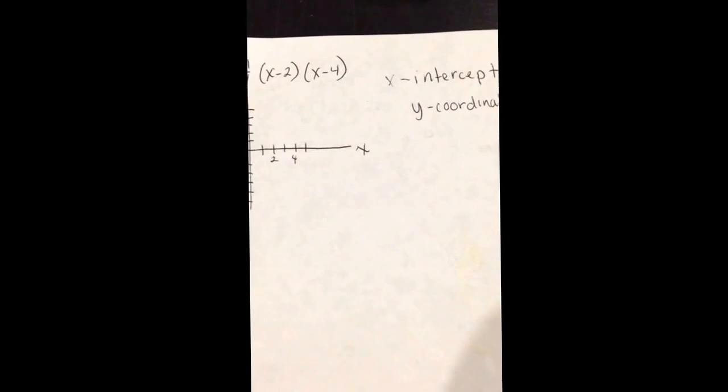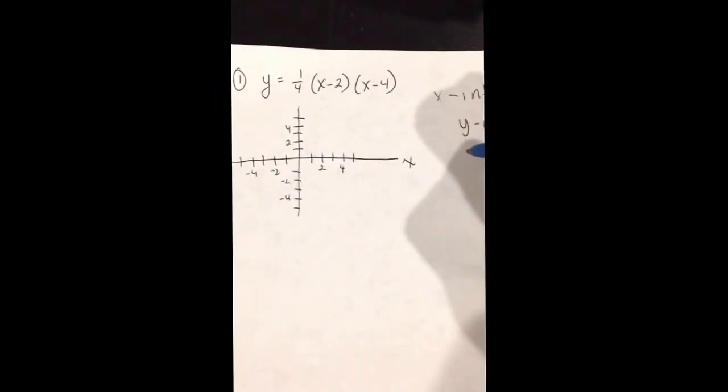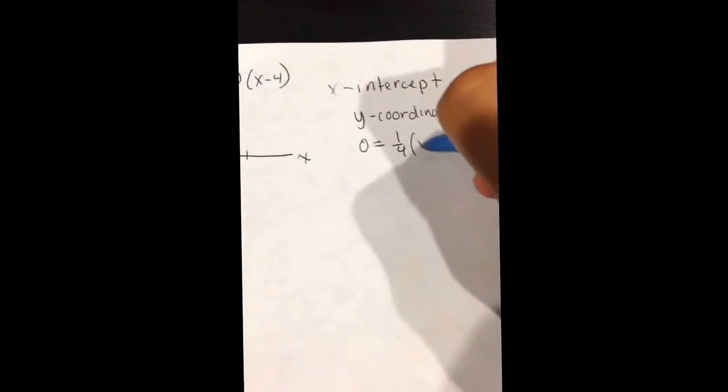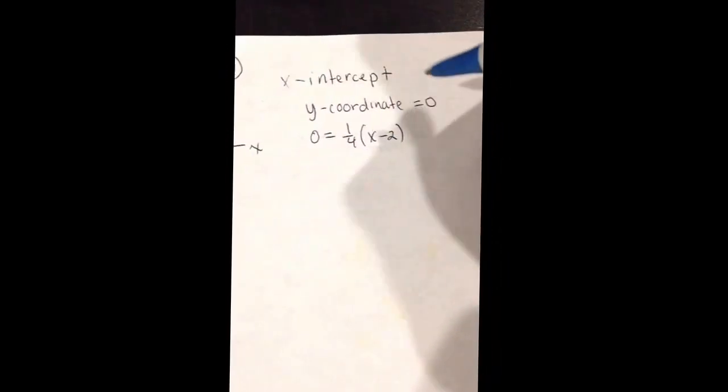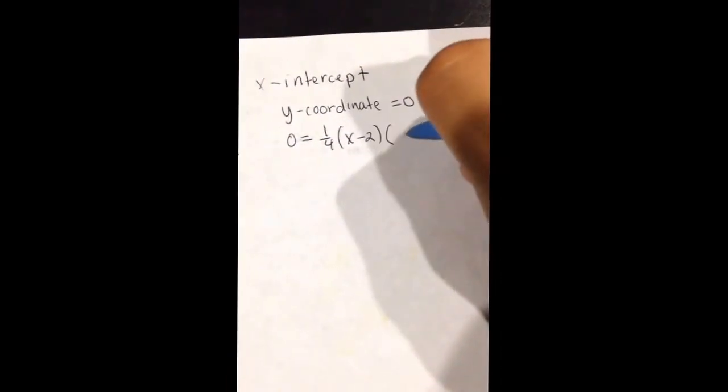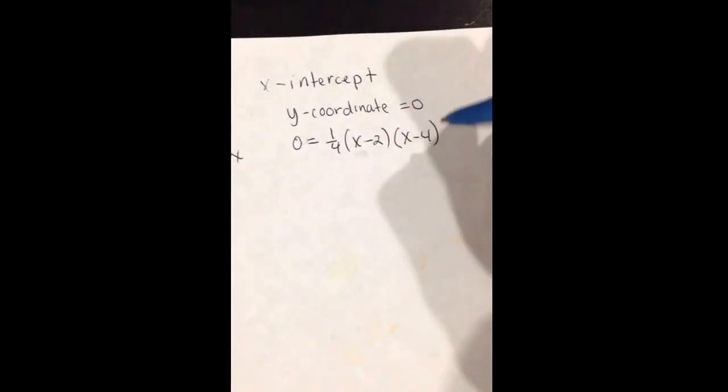So for your equation, you just substitute 0 for y, and you have 1/4, and then you have x minus 2, and you also have x minus 4.